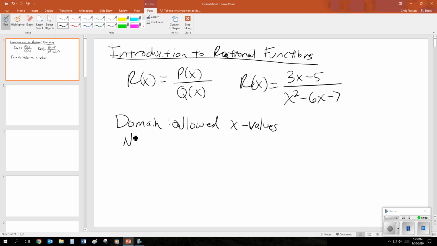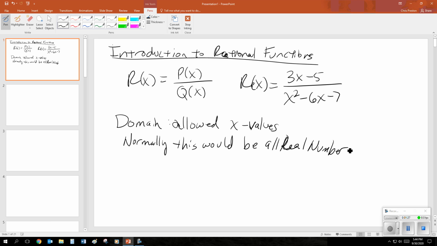So normally this would be all real numbers. For polynomial functions, if I asked what's the domain of the linear function 3x minus 5, it would be all real numbers. What's the domain of the quadratic function x squared minus 6x minus 7? It would also be all real numbers.